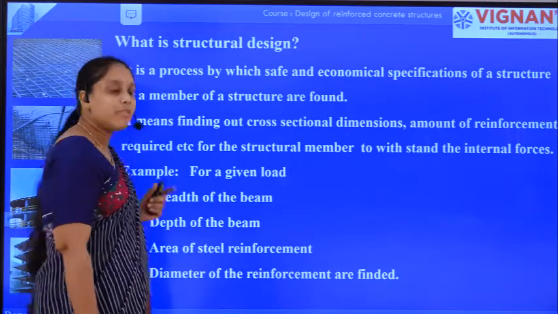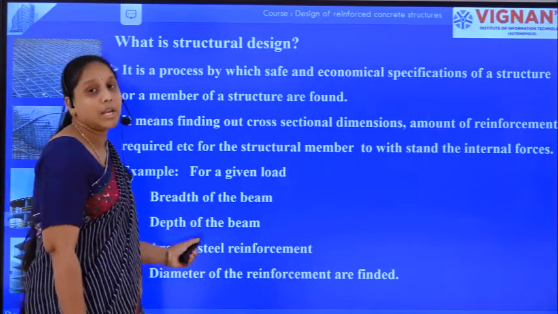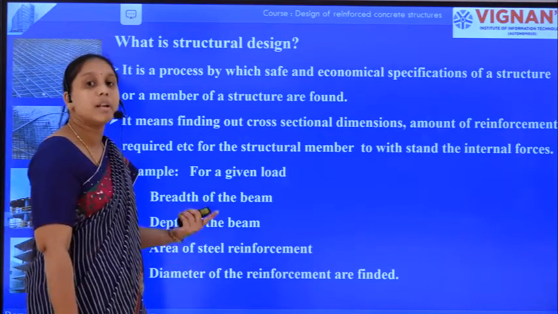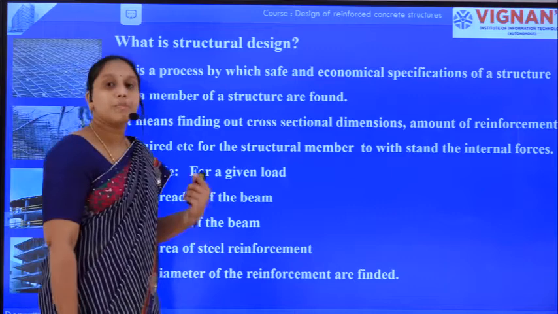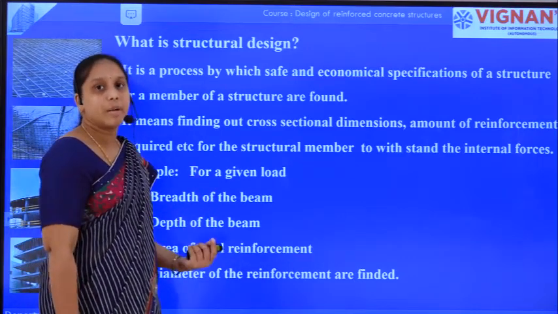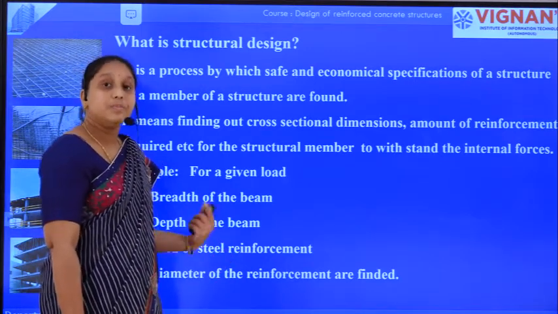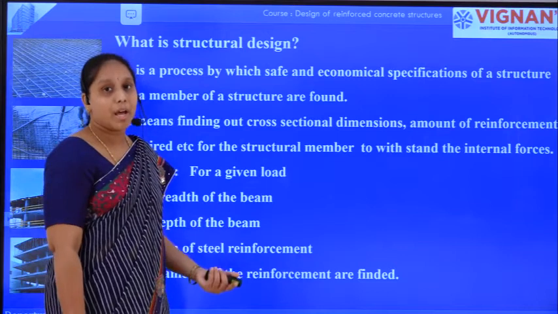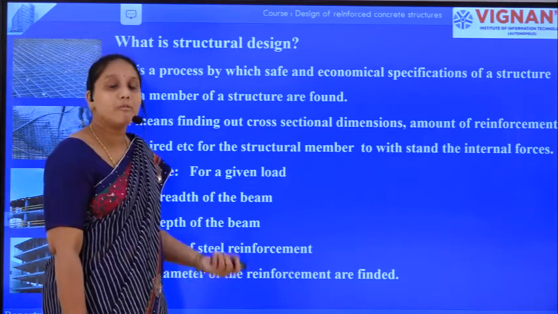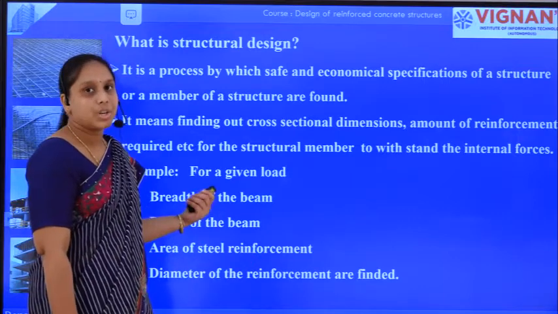For a given load we are going to design all these parameters: for the particular load, what should be the breadth of the beam, what depth we have to provide, how much area of steel has to be provided, what diameter of bar has to be provided, and how many bars are to be provided. All these things are what we are going to do in the structural design.